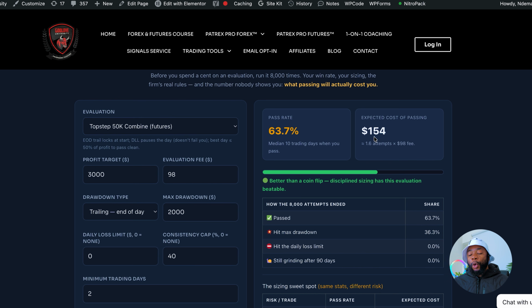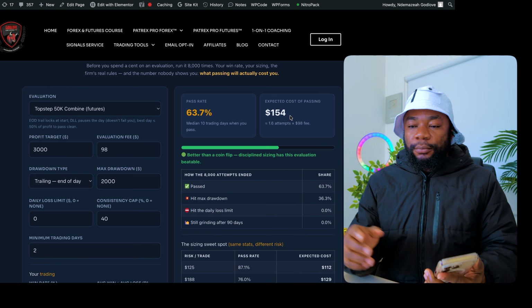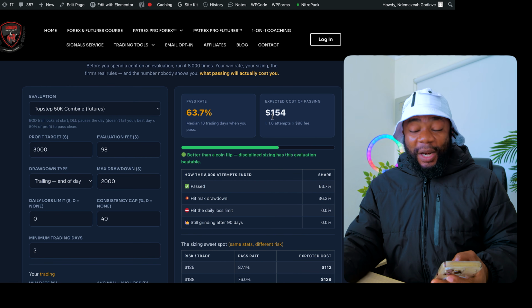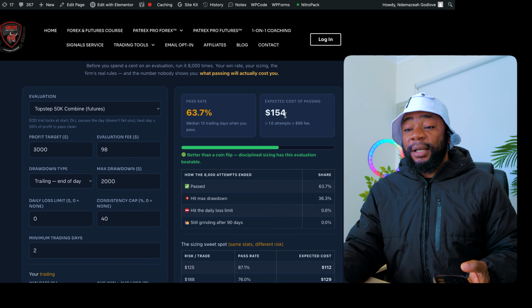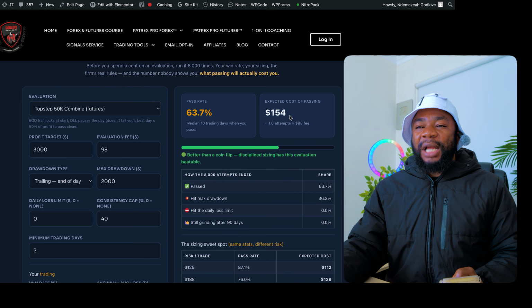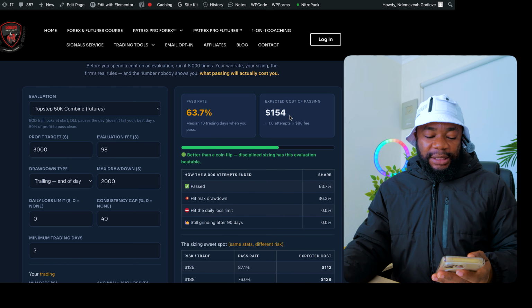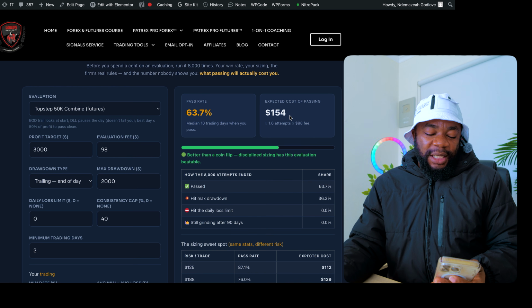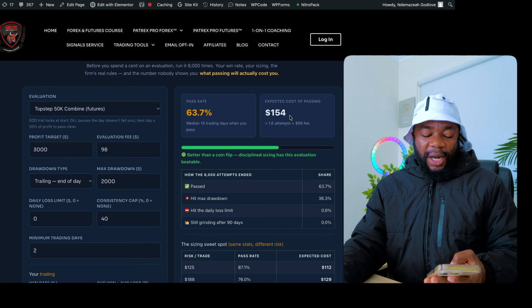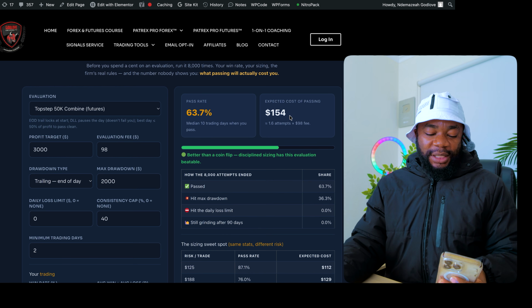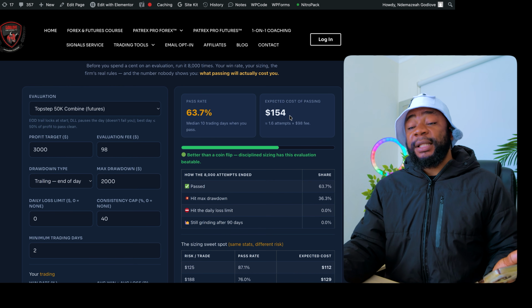You are spending about $154. Let's do the math to see. You're spending about $154 to pass 1 challenge. And you only got about 4 of them at the funded stage. And let's just say those 4 at the funded stage, you end up taking just $2,000 on each account. On each account times 4, that's about $8,000.